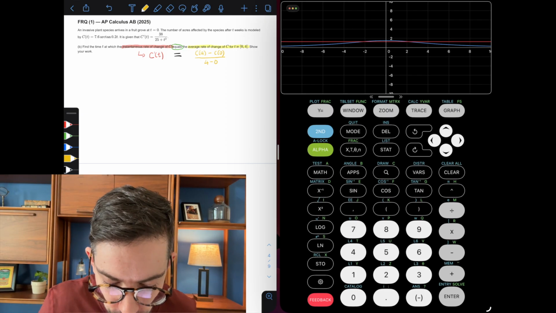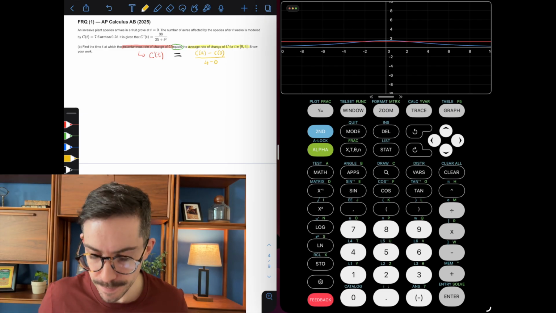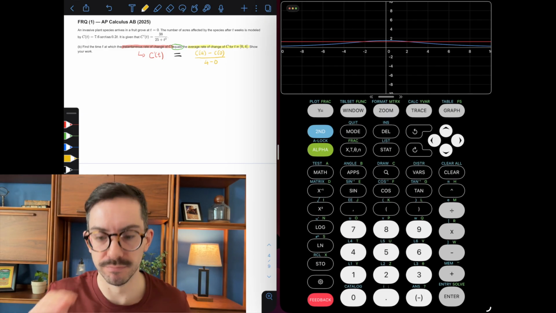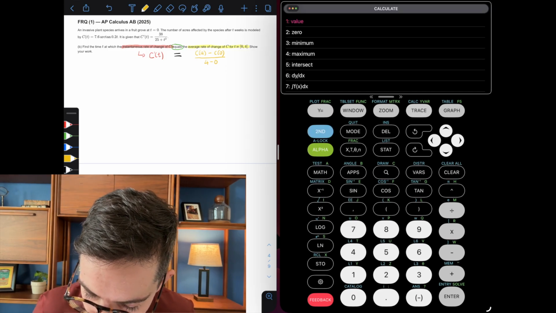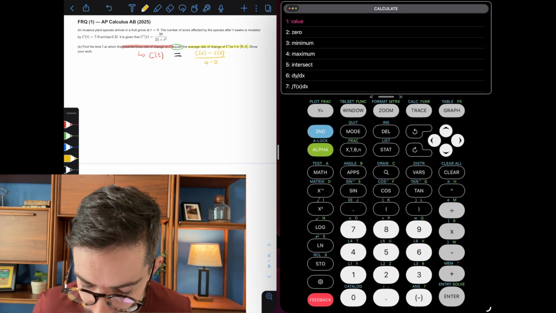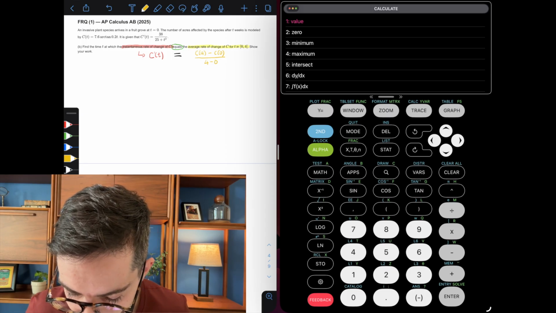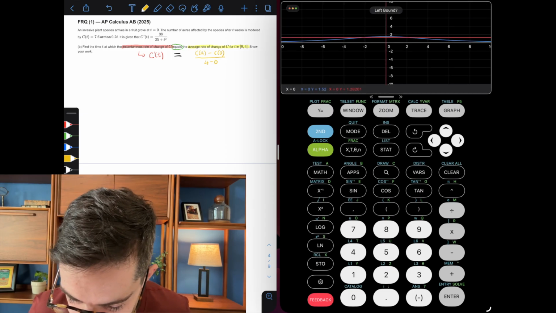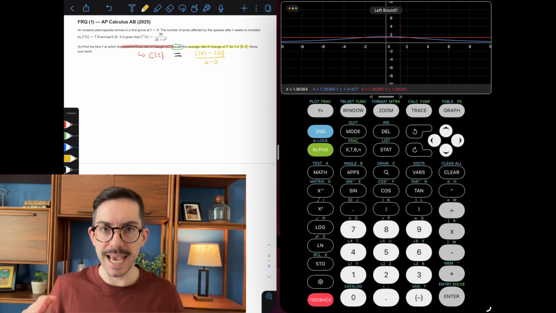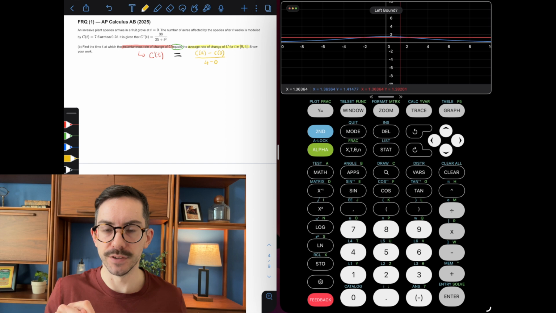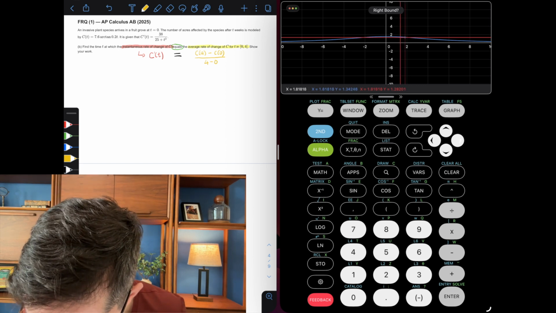So in order to find this time, I'm going to use my intersection calculation. So I'm going to hit second trace because that pulls up my calculate window. I'll hit option number 5, that's intersect. Now on your calculator, you just pick a first curve, a second curve, and hit enter for your guess. Here I'm doing a left bound and a right bound.